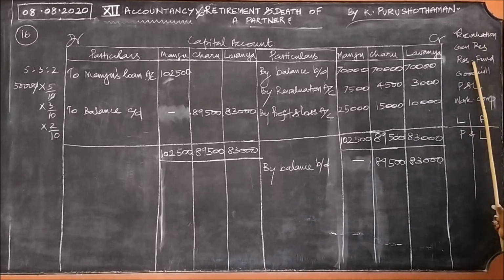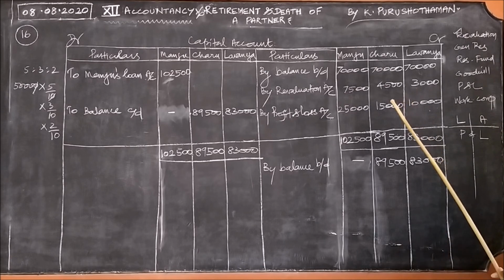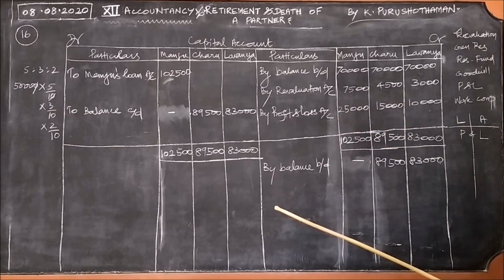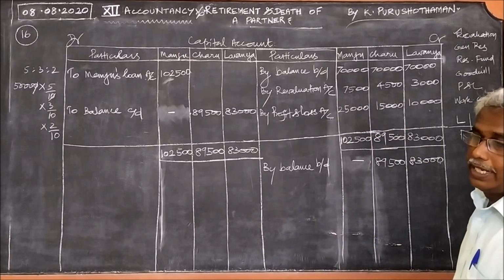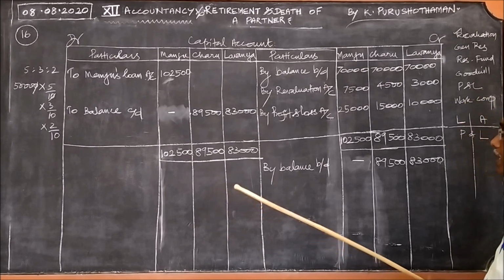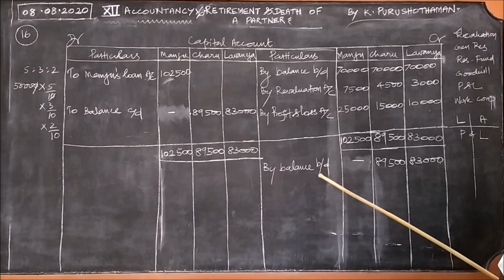General reserve, reserve fund, goodwill, profit and loss account, workmen's compensation fund. Out of these 5, what is appearing in the problem? Only profit and loss account appearing in the problem under liability side. You can see the book under liability side. If it appears on the liability side, it is a profit. If it appears on the asset side, it is a loss. So this is a profit.